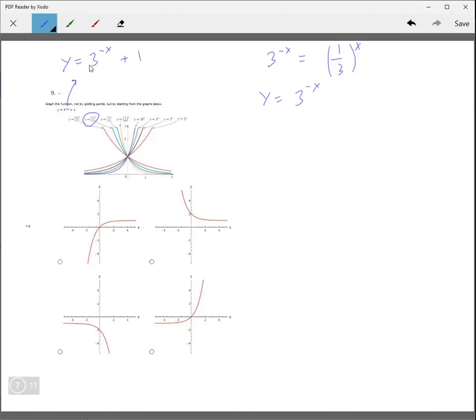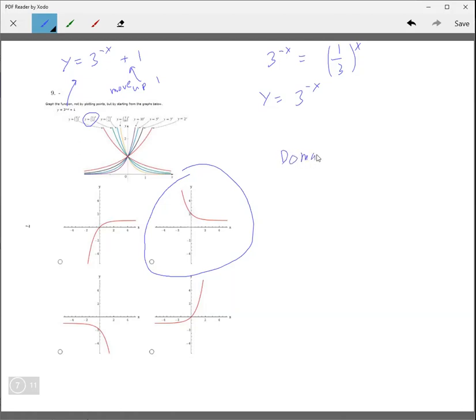But we have 3 to the negative x plus 1. This is outside, which means move up 1, or shift up 1. So you take this graph right here and shift it up 1, and you're going to get something like this one. You're going to get this graph right here. And it's also asking for the domain, range, and asymptote.